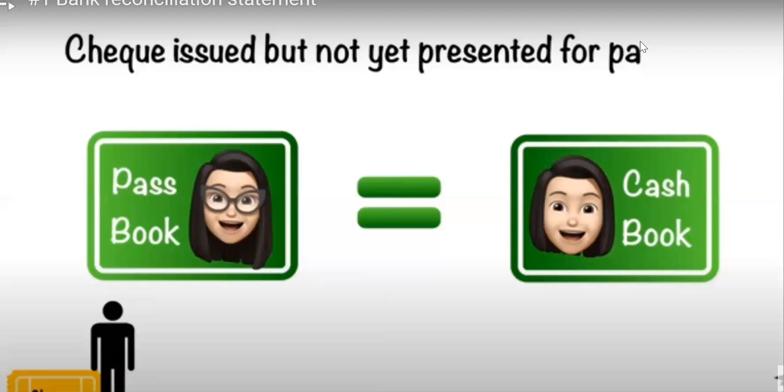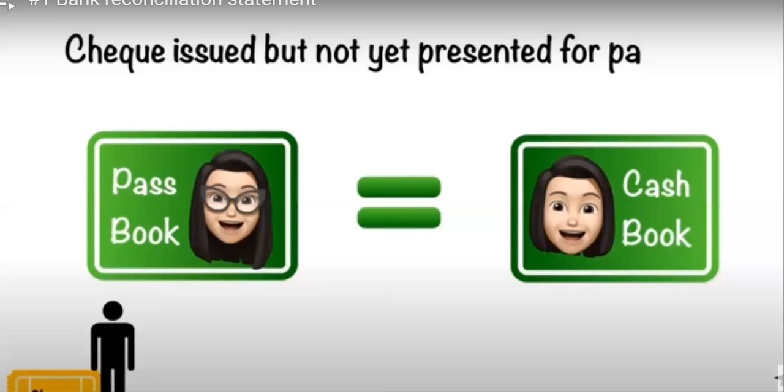But in our bank passbook, only after the check is deposited will our amount be deducted. Until then, our amount will not be deducted. The same figure is maintained there. So we have to eliminate this kind of error through a bank reconciliation statement.